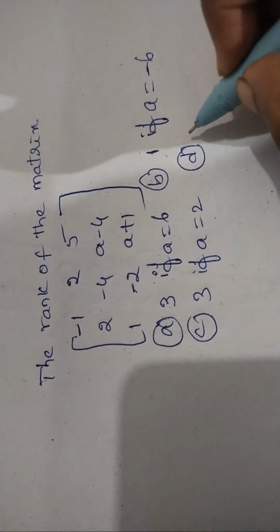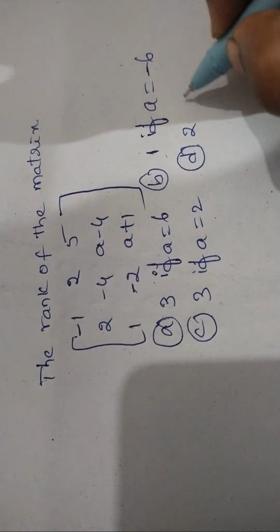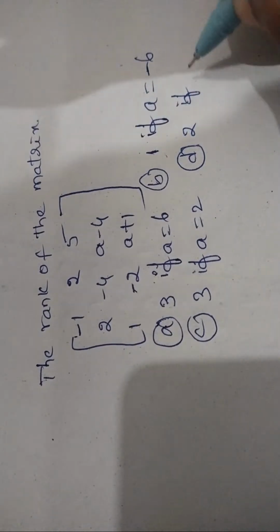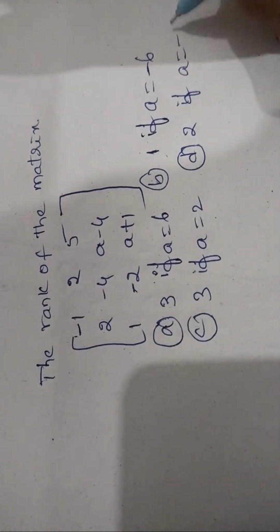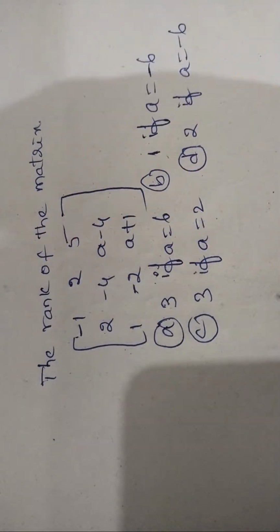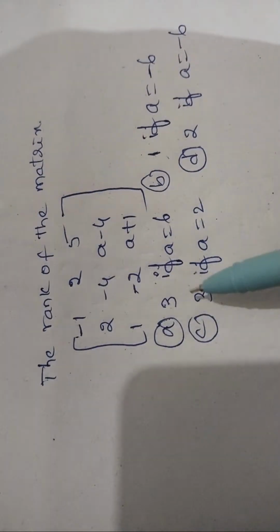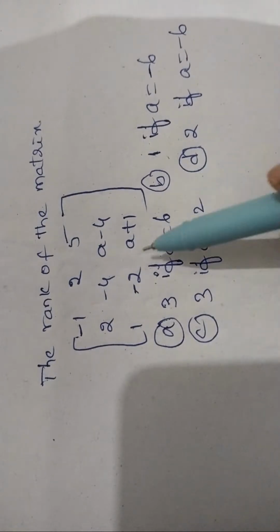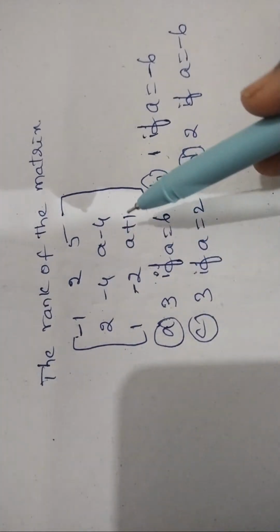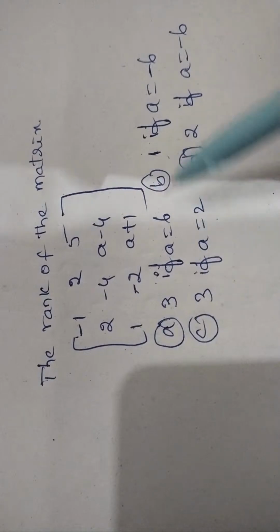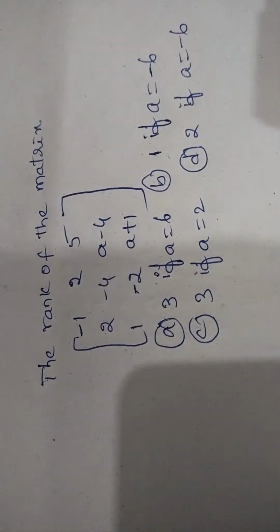Option D: rank 2 if a is equal to -6. So they gave options like this. Based on the options, we can select a value and rank. Which option is suitable? We will see.